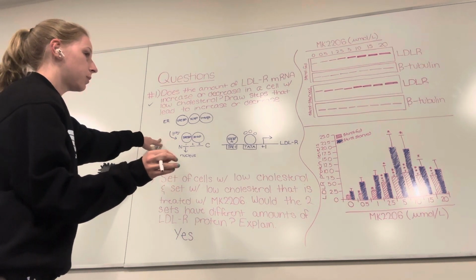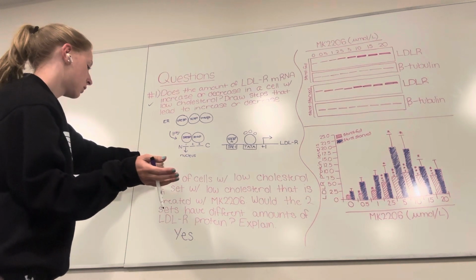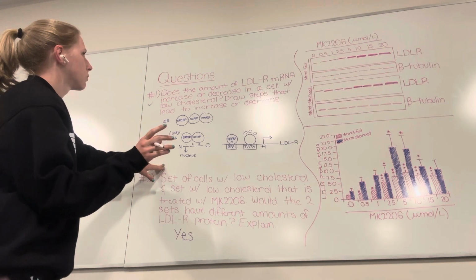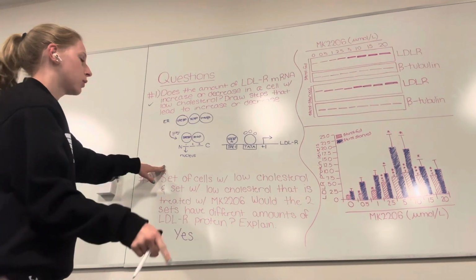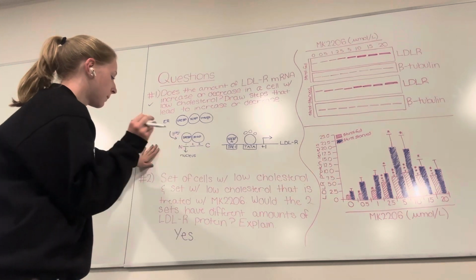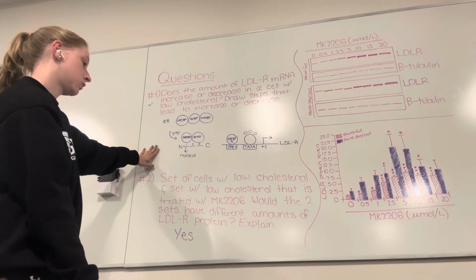So transcription would be normal to high, but the translation from mRNA to protein would be reduced due to the MK2206. So those levels would be lower.